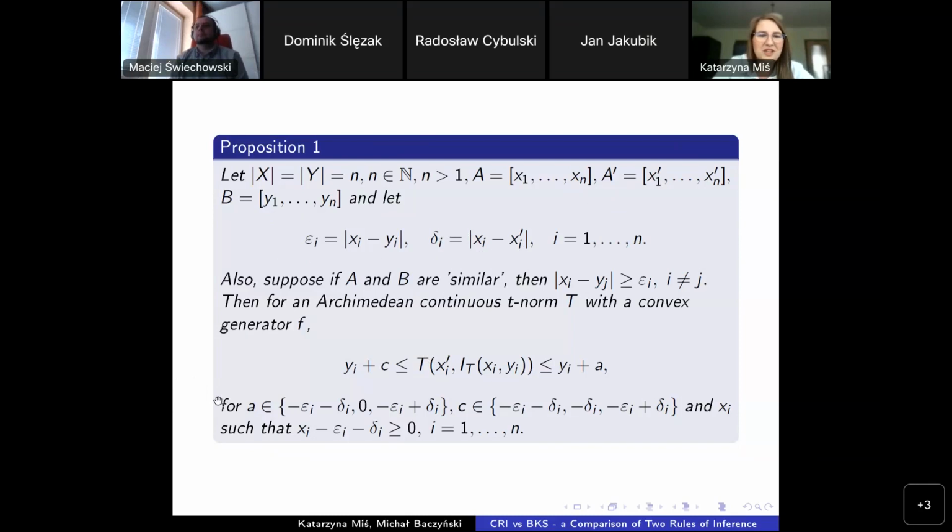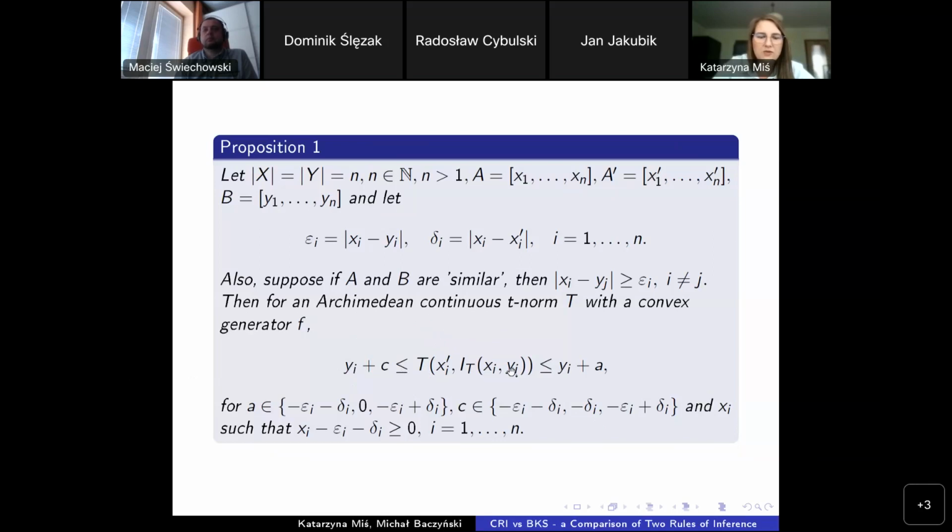So I just want to say that in this case, for an Archimedean continuous T-norm with a convex generator, so these T-norms which I was talking about in the beginning, we can have some inequality.